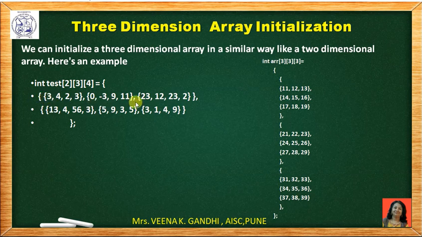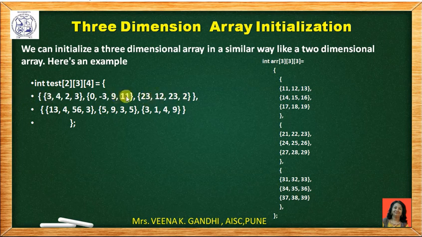Again in each set there are curly braces, and in those curly braces, the 3 rows. So 3 rows here, and each row contains 4 columns. So 3, 4, 2, 3, 0, minus 3, 9, 1, 23, 12, 23, 2 are the 3 rows, and each row contains the 4 columns.